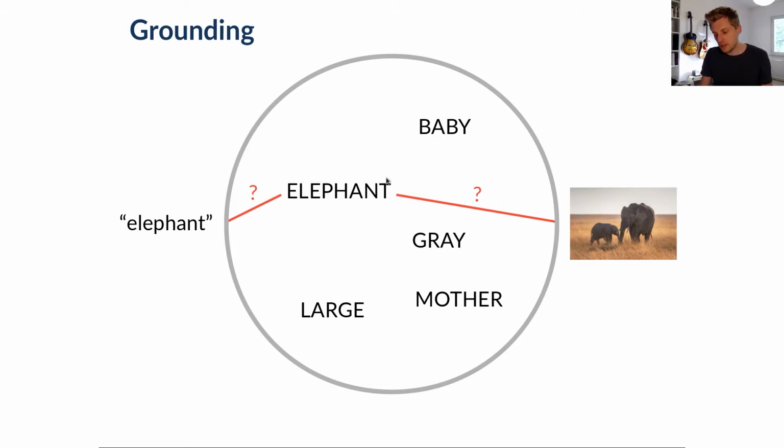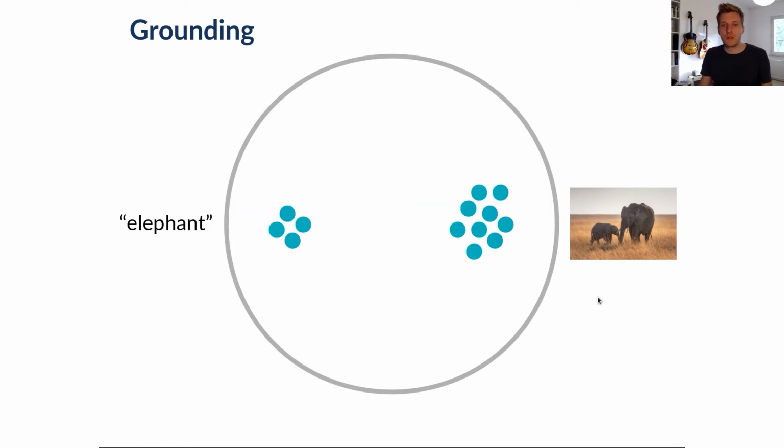For some people, grounding is then in establishing that connection, in the sense that when you don't know what an elephant is and you see one for the first time, you build up some sensory motor representation of it, and then you establish that connection by learning synaptic weights between that representation and a representation for the word elephant, for instance. So the grounding is really in learning that connection.